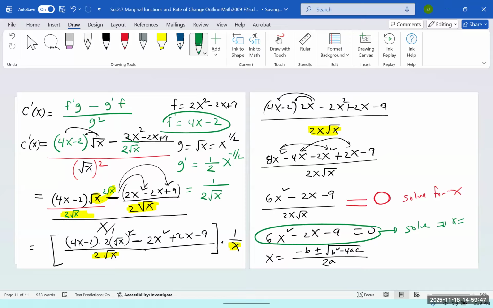You have the quadratic formula option or the graphing option. It's up to you which method you want to use. If you do use the graphing option, then you'll have something like this. And your answer will be this one.